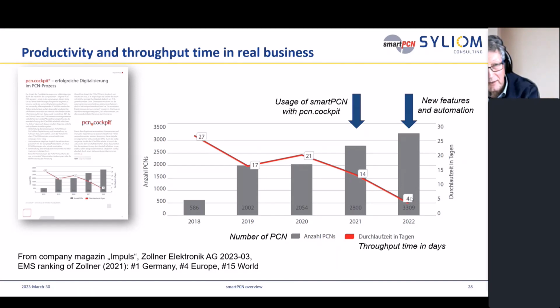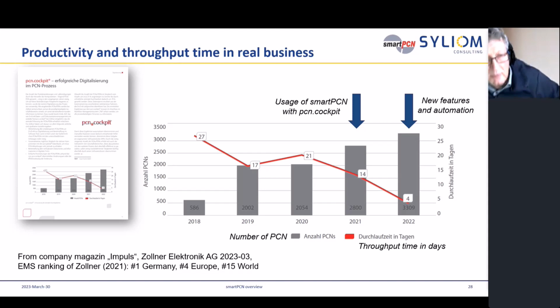But now look at this. I mean, they are down to 4 days because there had been new features, and they also included a better connection to their IT systems inside the company. And this allows them to process much more PCNs, 3,300 PCNs in just 4 days. And you will see it also from other companies.